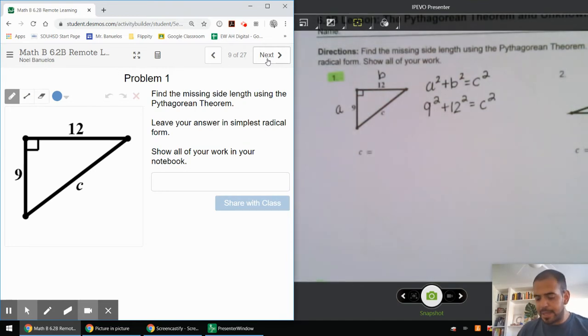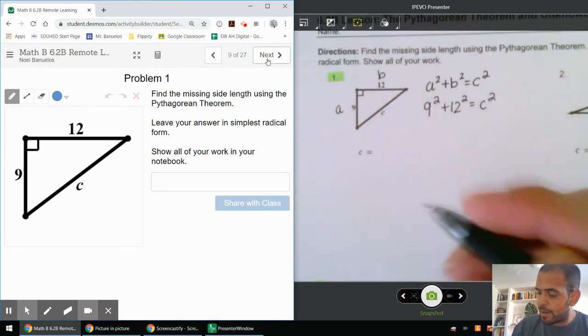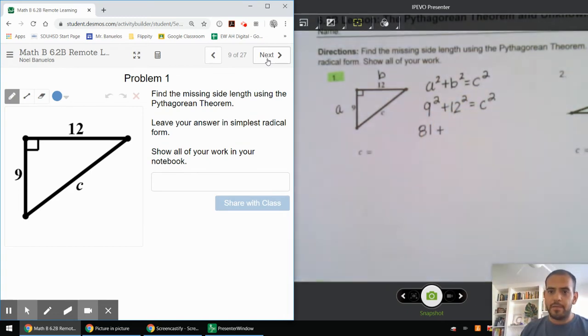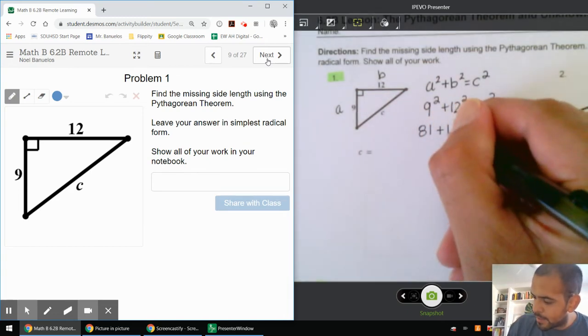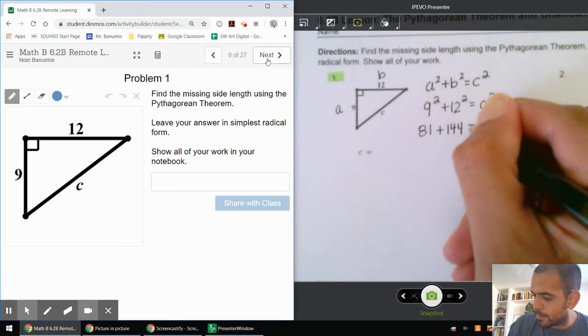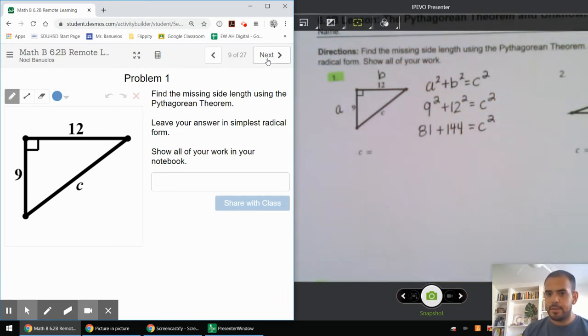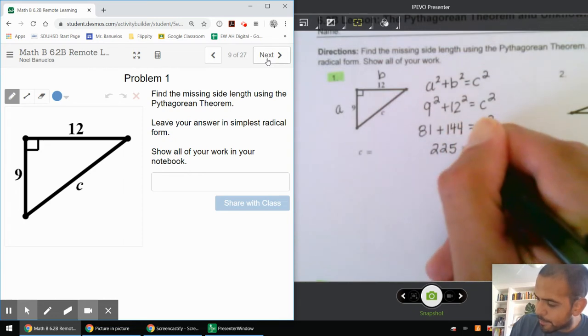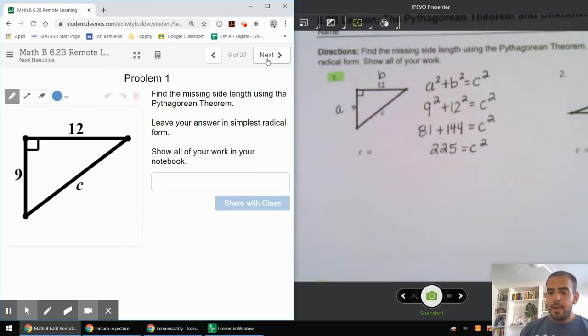Okay, so 9 times 9, 9 squared, is 81, plus 12 times 12 is 144, equals c squared. So I'm going to add those numbers up. 81 plus 144 is 225. Now, I still have to solve for c. So if you remember in the previous lessons, inverse operation.